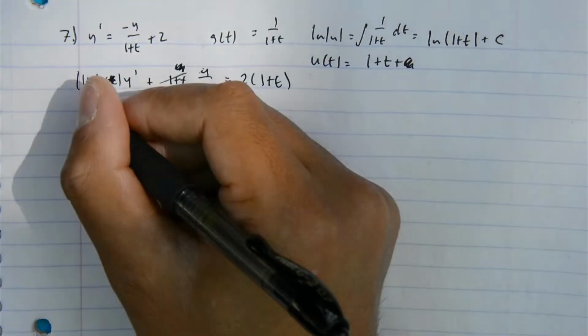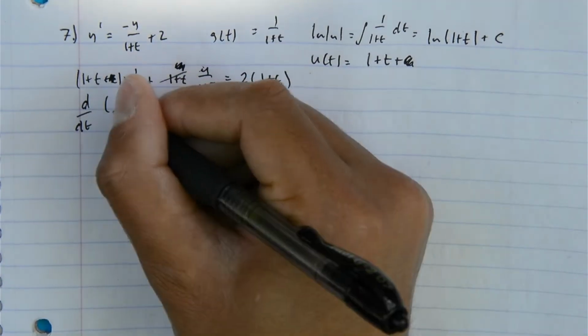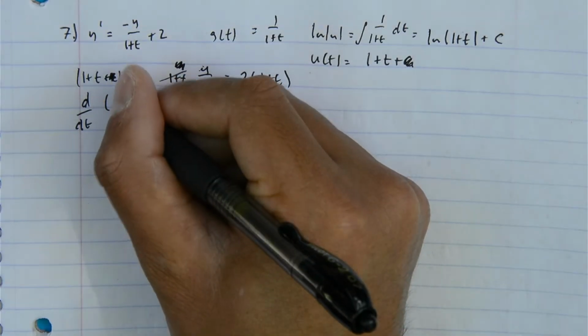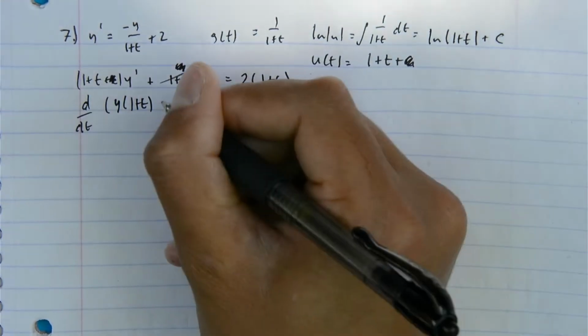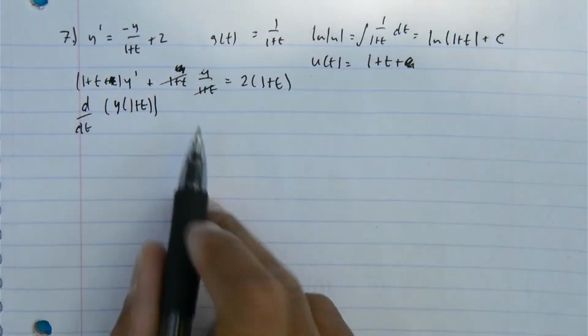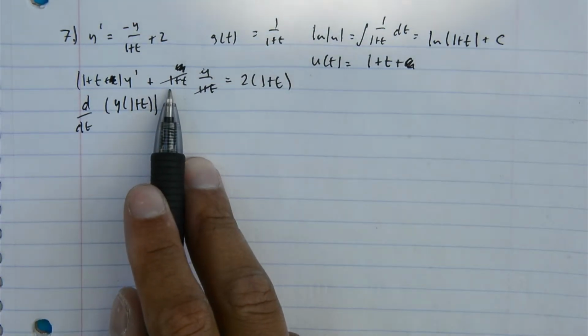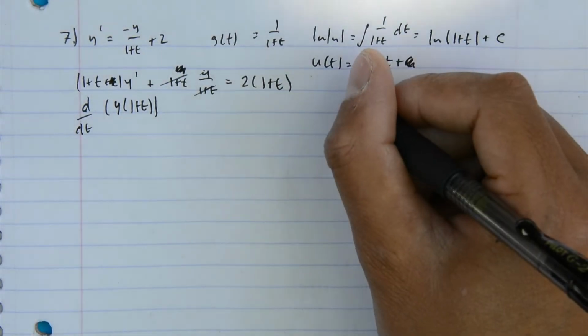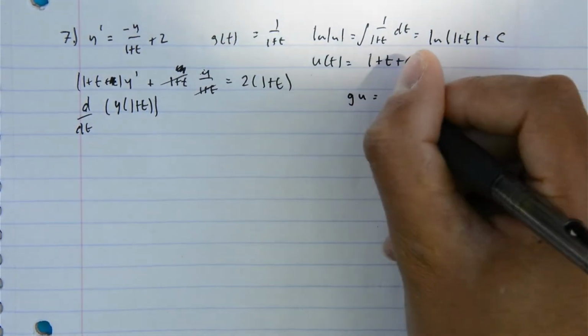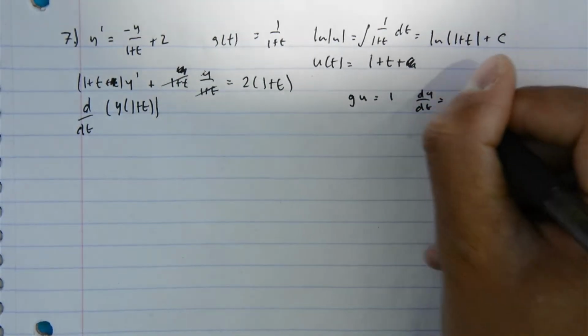Okay, so then we're going to get... let me double check that this makes sense. g times u is going to be just 1, and du/dt is equal to 1.